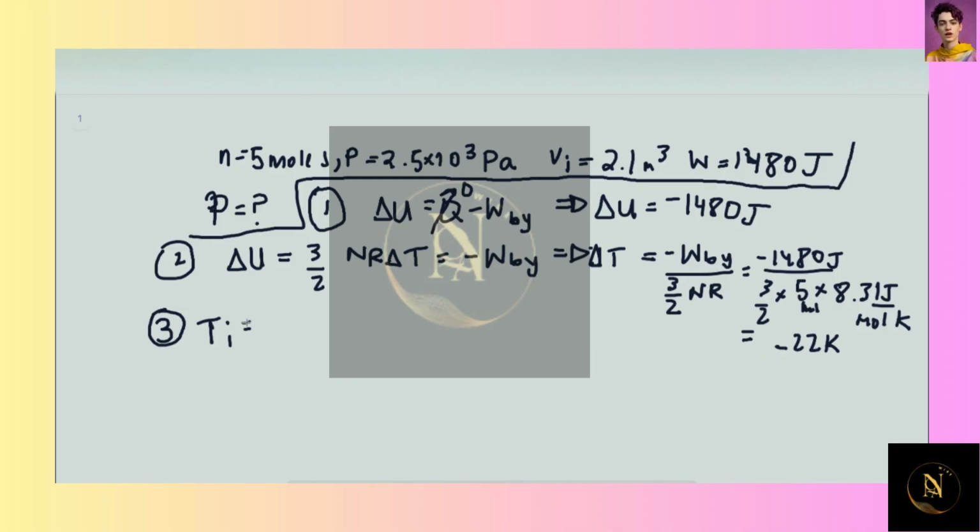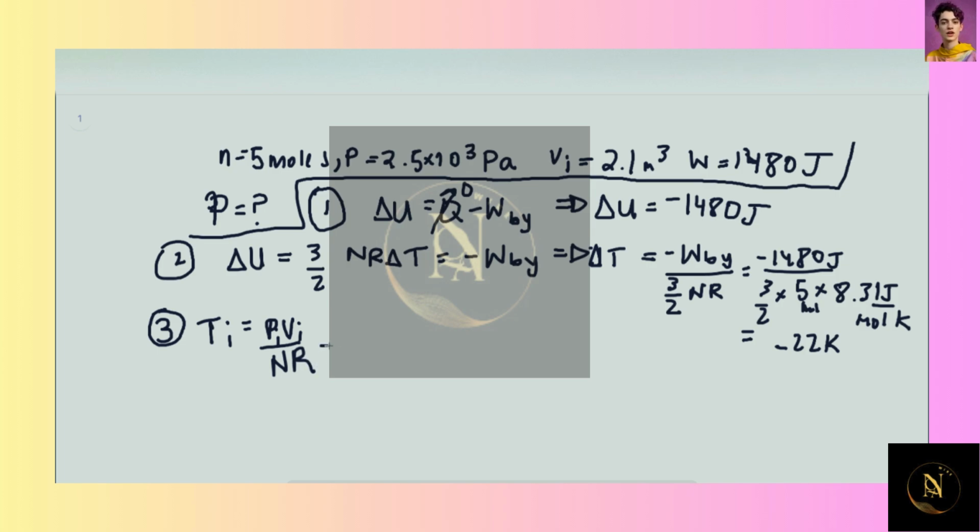I guess we could have done this at any point, but this is towards relating temperature and pressure. If you rearrange the ideal gas law, which states PV equals nRT, you get T initial is P initial V initial over nR.